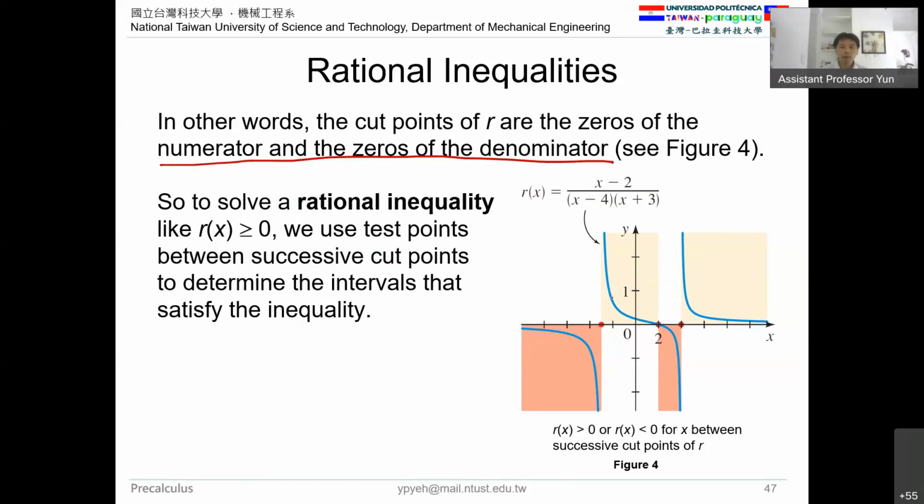Here is an example of a rational function, right? Which is x minus 2 divided by the quantity x minus 4 times x plus 3 here. Okay, so in this case, we can see the vertical asymptotes will be x equal to 4 and x equal to minus 3.